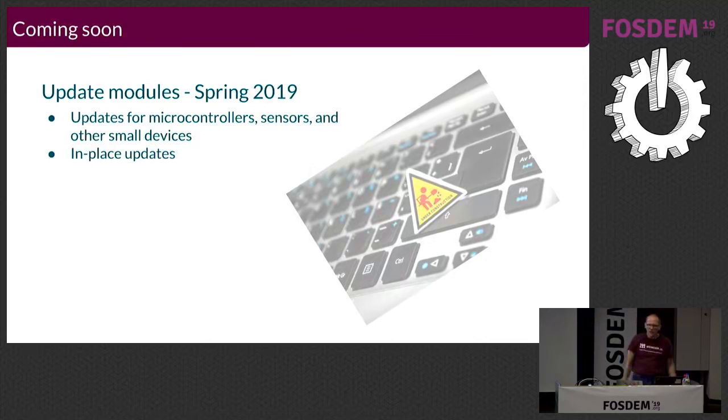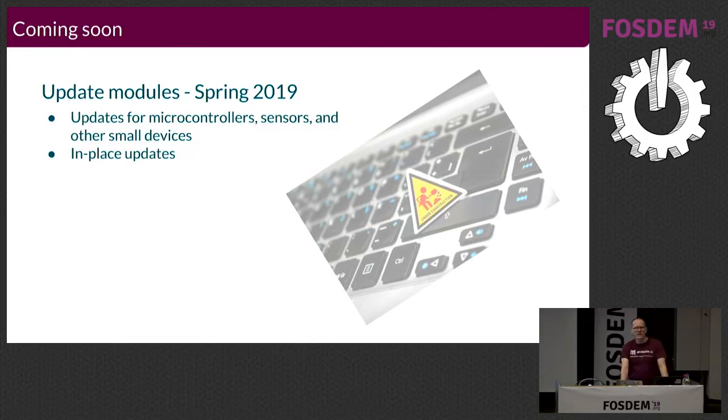With the update modules, we will be able to better support in-place updates, such as running apt-get update and that kind of thing. There will likely be some limitations there. It's unclear if we'll support kernel updates, because typically the distribution provided kernel model is a bit different than what Mender's expecting.